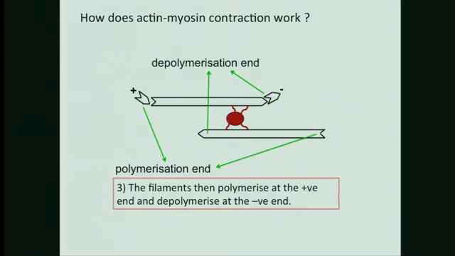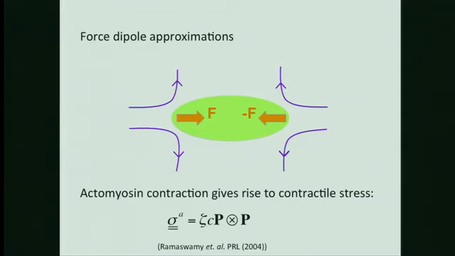And then you can have the polymerization and then depolymerization at this end as usual. And then we can approximate the whole process as a forced dipole like this.